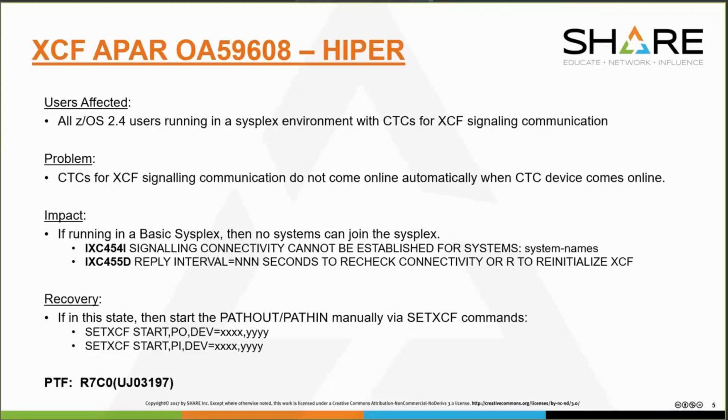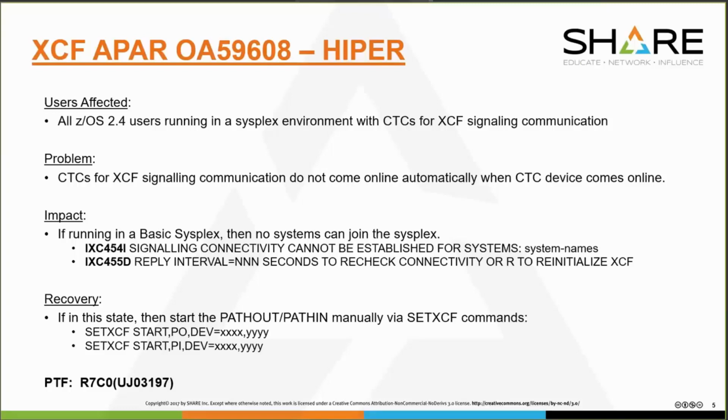The problem is that the CTCs for XCF signaling communication don't come online automatically when the CTC device comes online. The biggest impact is for those customers running in a basic sysplex, so not a parallel sysplex. In a basic sysplex environment, when this problem happens, no systems are able to join the sysplex.